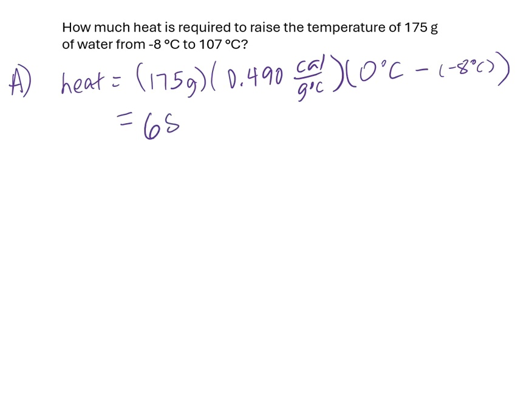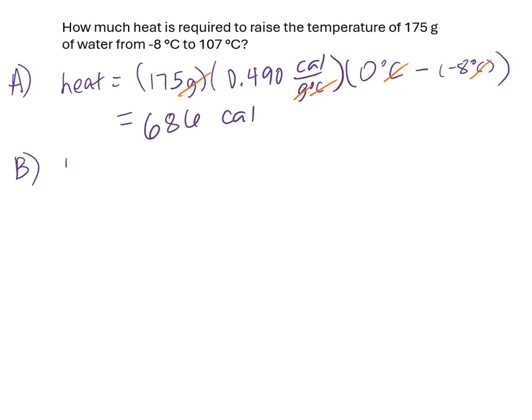That gives us 686 calories. Again, if we look at our units, we have a gram over a gram, degrees Celsius over degrees Celsius, leaving us with calories. So that's how much heat it takes to simply increase the temperature from -8 to 0 degrees Celsius. At that point, it then begins the melting process.